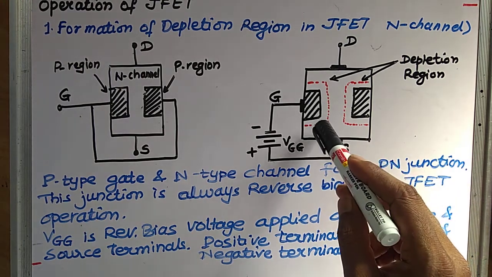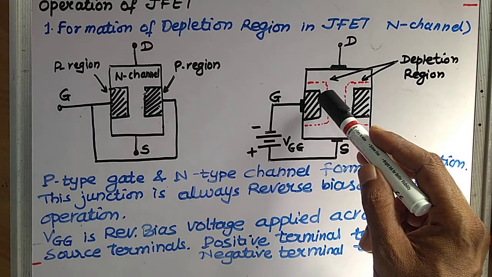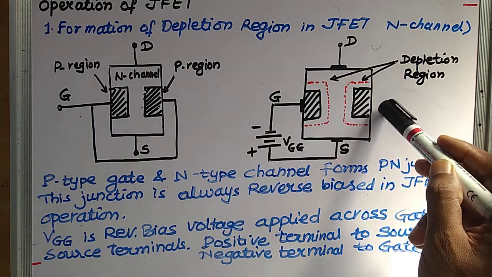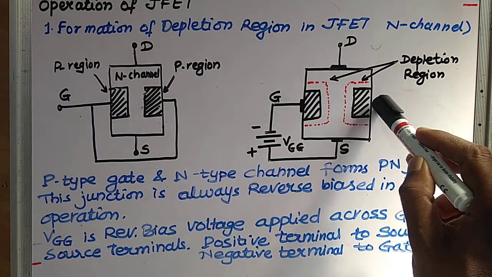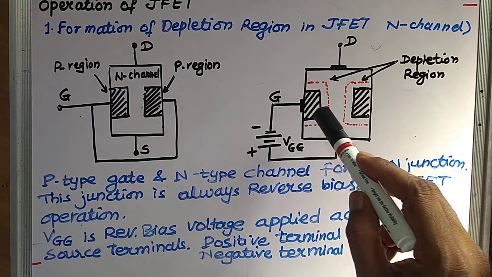Now here in the N-channel JFET, the gate is connected to p-type region. Here I have not connected, but internally this p-type gate and this p-type gate are internally connected to each other.